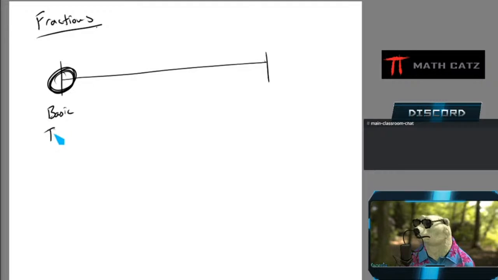I like to use the word intuitive, but it depends on the topic. If you move chips around to do integer calculations, that's pretty intuitive. It's pretty basic. It's an introduction for sure. And that's where we want to be with our fraction discussion as well.